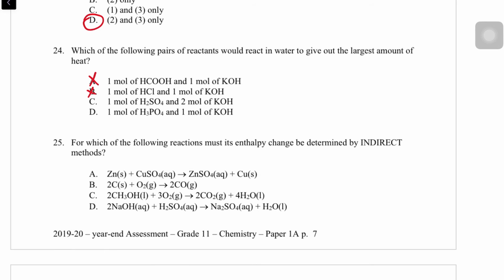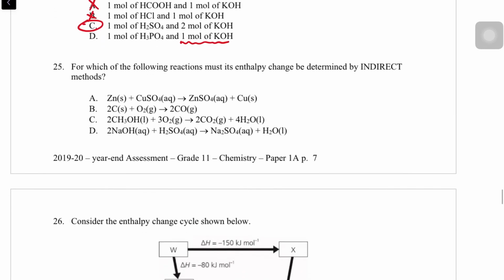Okay, but how about C and D? Well, even though phosphoric acid is a tribasic acid, you get only 1 mole of KOH. So the answer will be C. It gives out the largest amount of heat energy because it undergoes the most neutralization.